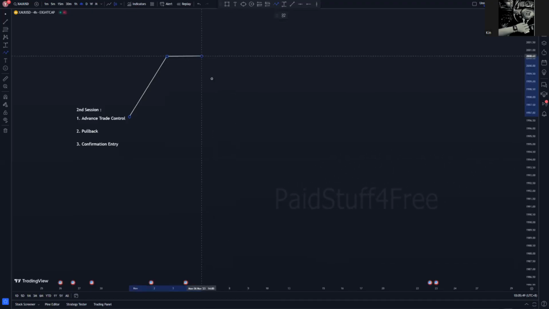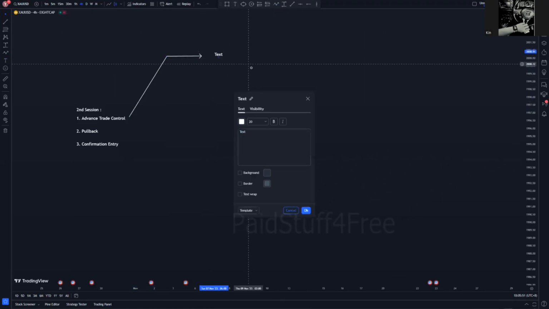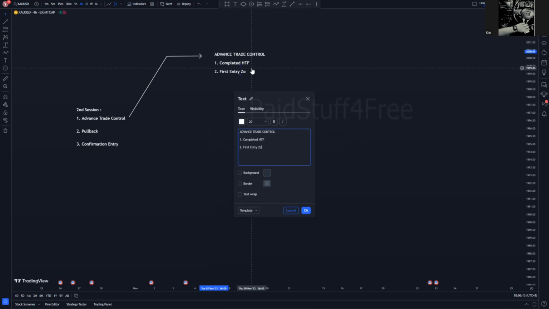Advanced rate control. Actually, we have four types of trade controls. The first one is the completed higher time frame. The second one is the first entry zone.